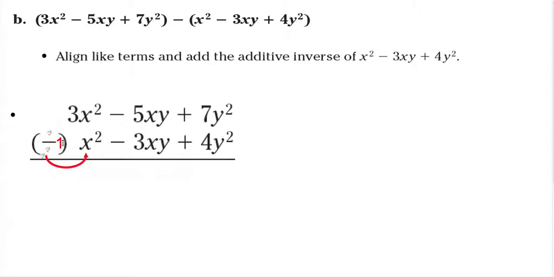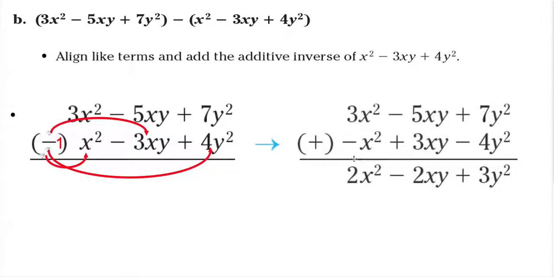You're going to distribute negative 1 to x squared, and then you are going to distribute negative 1 to negative 3xy, and finally distribute negative 1 to 4y squared. What you end up with will be negative x squared plus 3xy minus 4y squared.